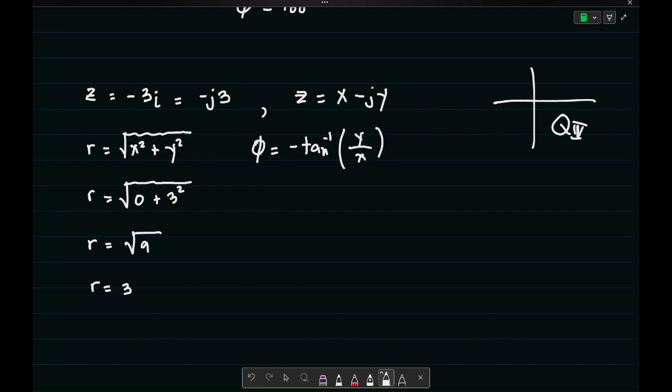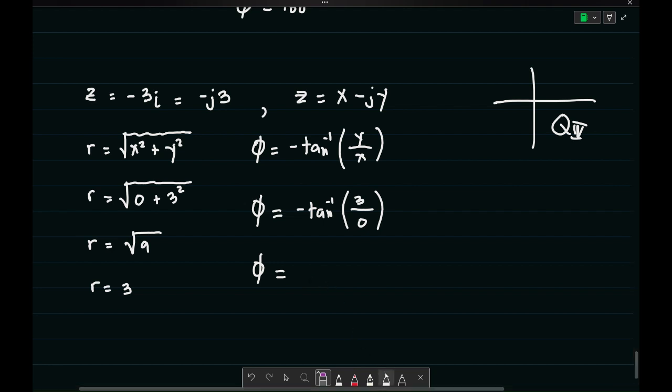We have the negative arctan of y equal to 3 over 0. What is 3 over 0?